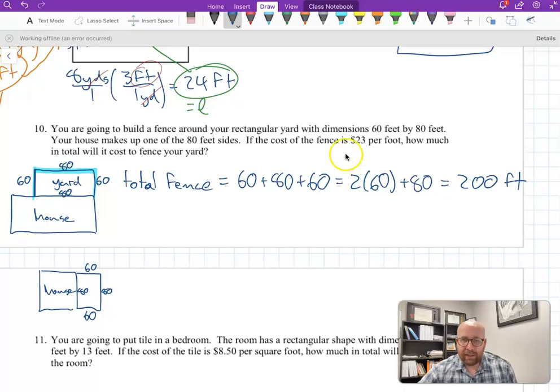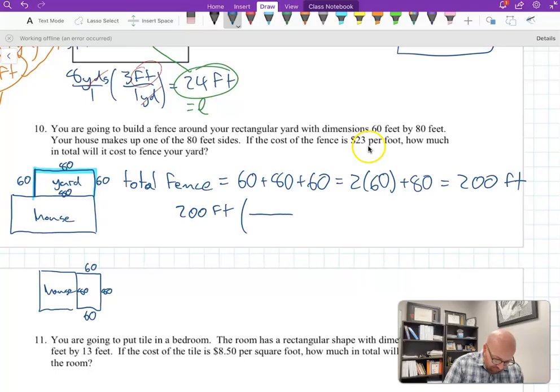Now, that's not the answer to this problem. We need to find out what the total cost is if it costs $23 per foot. So we're going to take that 200 feet and multiply it by our conversion of $23 per 1 foot.